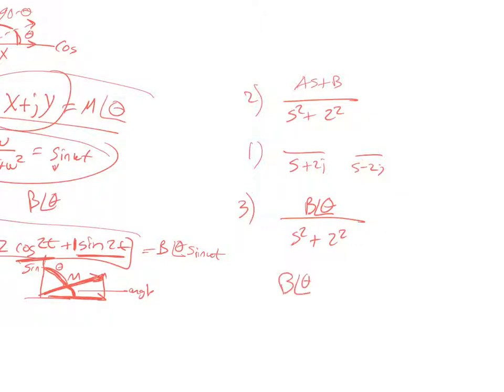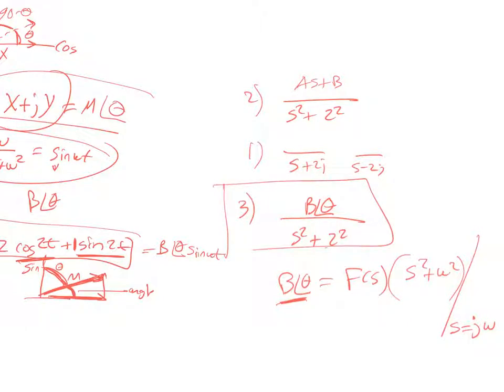My b at an angle of theta is going to be equal to my original function, F of s, multiplied by my s squared plus omega squared. In this case, it's 2, right? So whatever the complex root is. And then I evaluate it at s equals a positive j omega. When I do that, b at an angle of theta is a complex number. So method 3 is the most efficient because it combines the sine and cosine into one step. I don't have to do all that stuff over again.